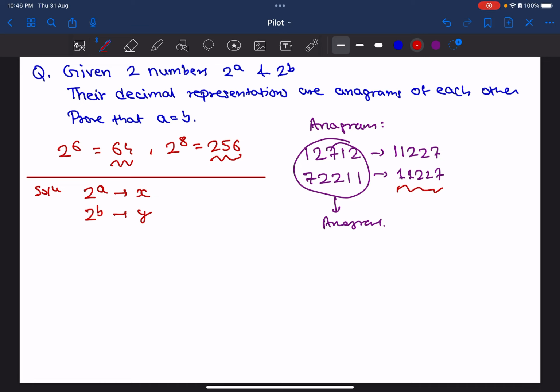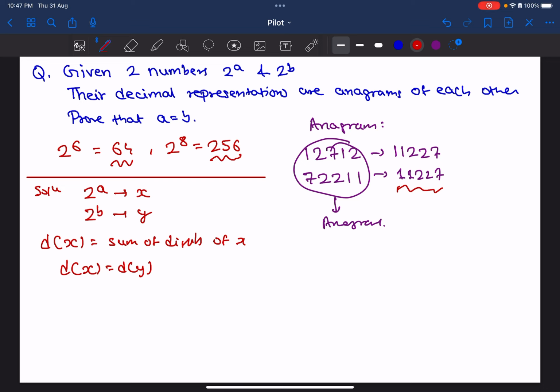So that means if you take the sum of the digits of x and y, that will also be the same. Let's call a function d of x equal to the sum of digits of x. According to our condition, if x and y are anagrams of each other, then we have d of x equals d of y.